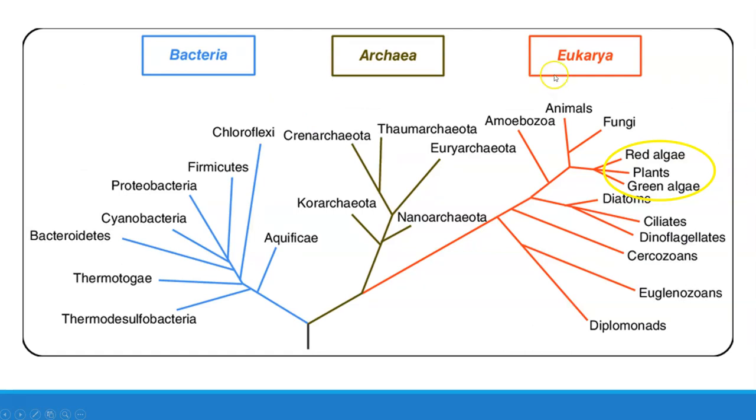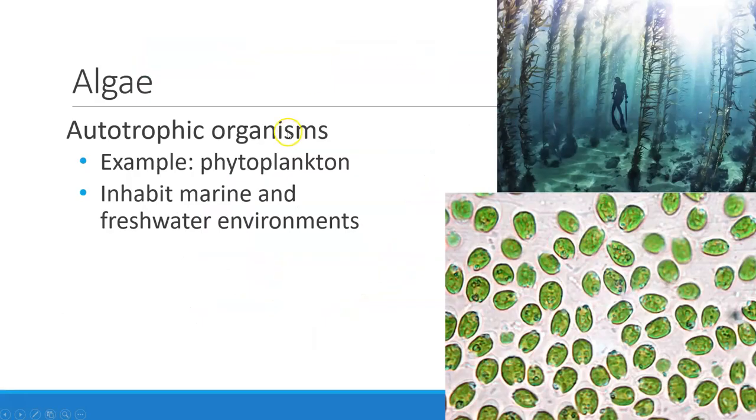Okay, we're staying in eukarya and we're looking at algae this time. We're not looking at plants, we're looking at red and green. Algae are autotrophic organisms on the micro scale or the macro scale. An example of the micro scale is phytoplankton.